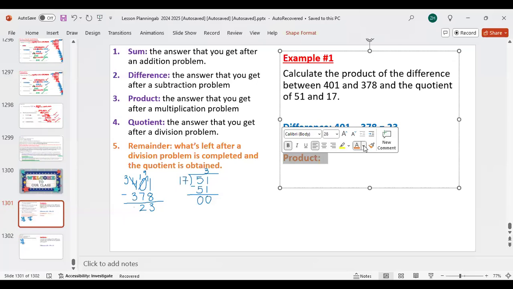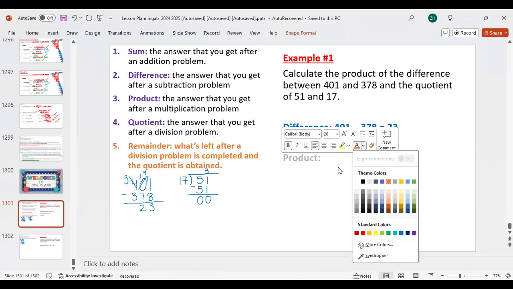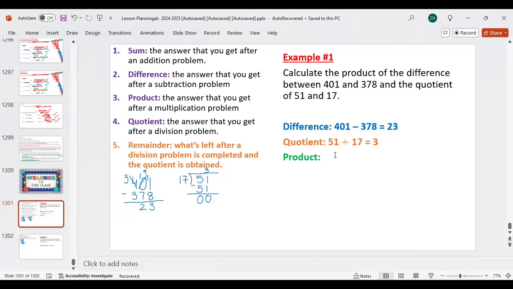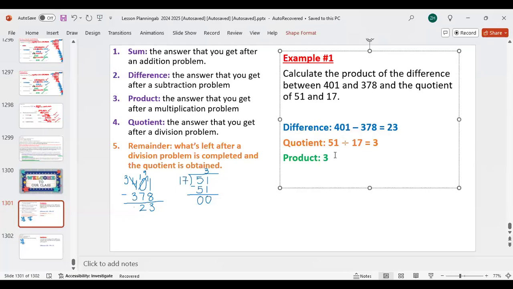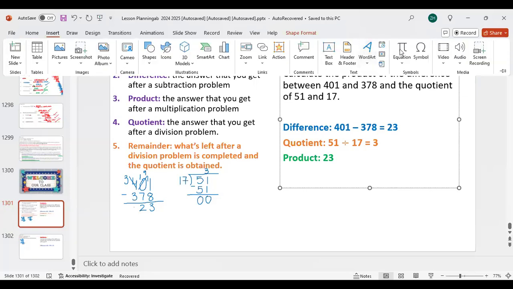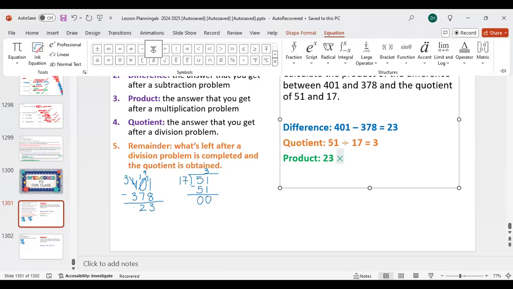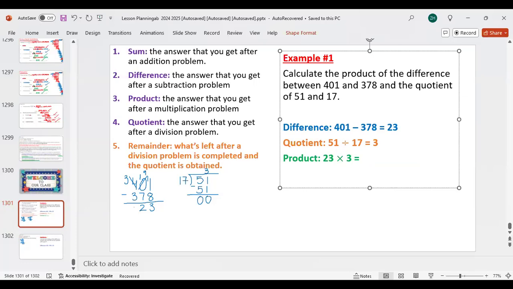I'll put this in green because it's too close. What did y'all get for the final answer? 69. Say it again. 69. Okay. 23 multiplied by 3 is going to be equal to.